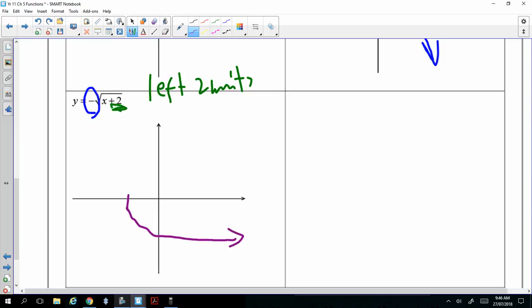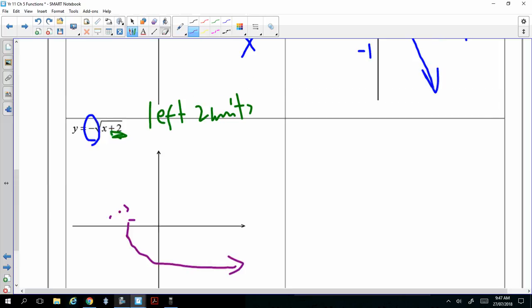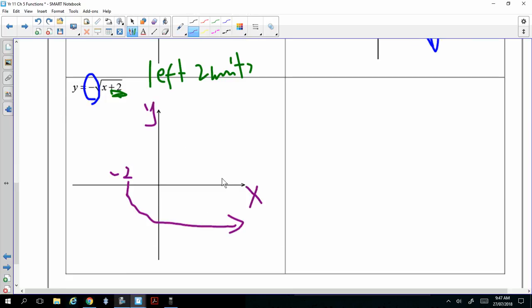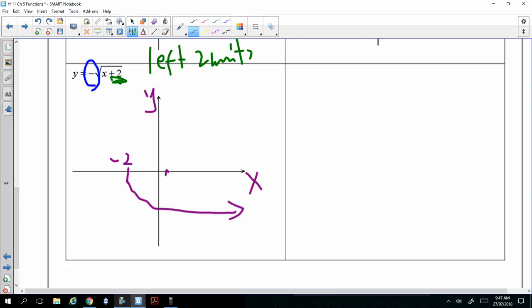You can find out what the y-intercept is when x is 0. That will be square root of 2. Alright, got it? How it works?